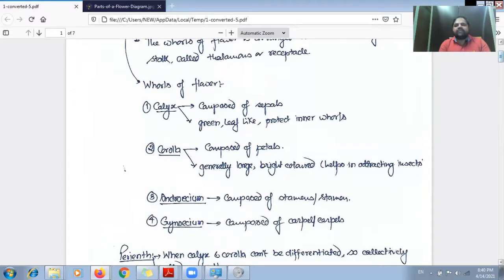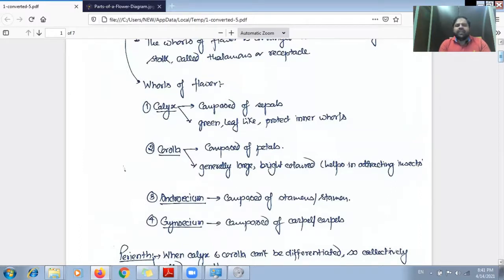The second part of the flower is corolla, and the corolla is composed of petals. Generally these are large, bright in color, and they have a peculiar fragrance, which helps to attract organisms for pollination.